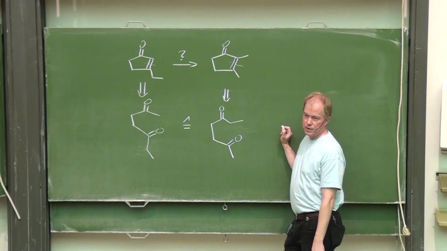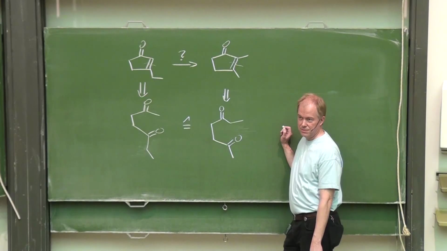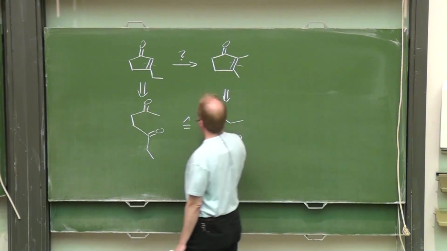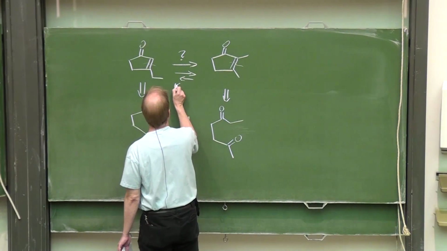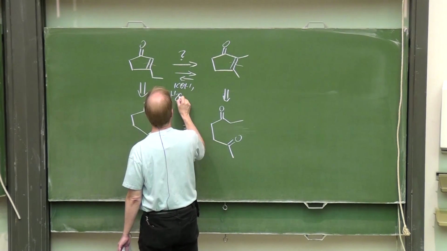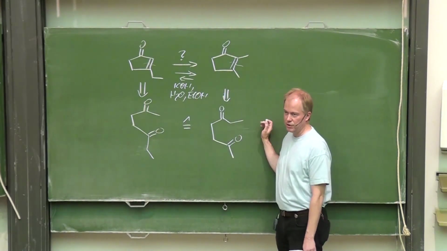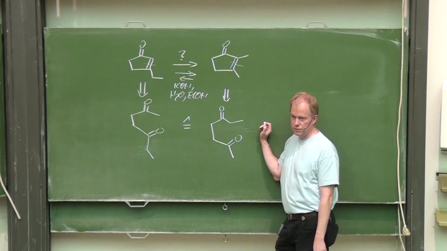So, since the aldol condensation process is reversible under basic conditions, for instance sodium hydroxide in water, you could just treat it with water or ethanol under these basic conditions and wait until it reaches equilibrium.